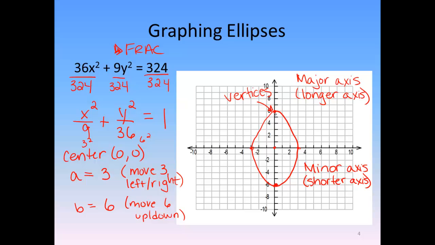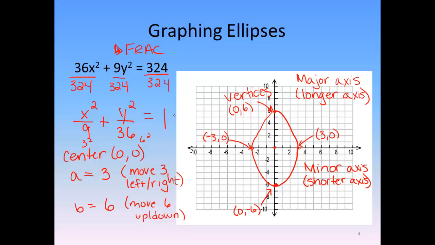Okay, so this vertex here is at 0, 6. Its corresponding one is 0, negative 6. The vertex on the minor axis is 3, 0, and the vertex on the other end of the minor axis is negative 3, 0. And so that's the beginning of the vocabulary we're going to have for an ellipse.